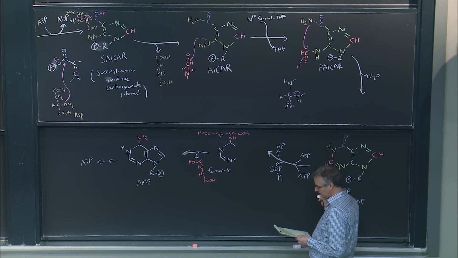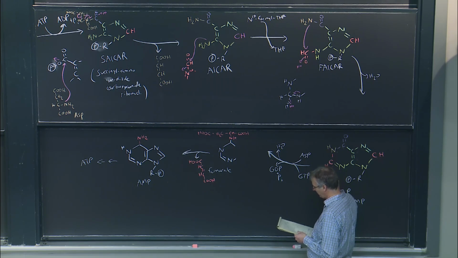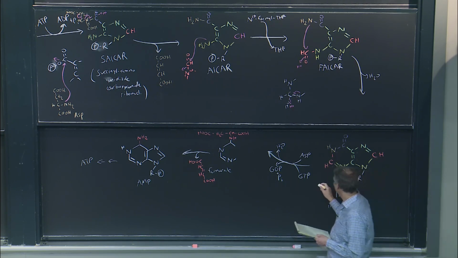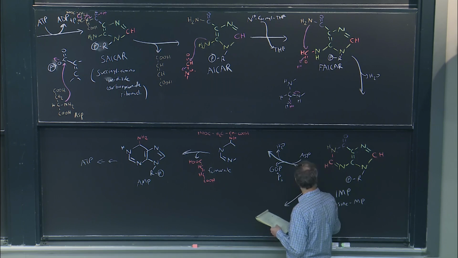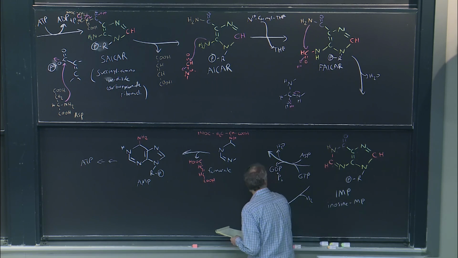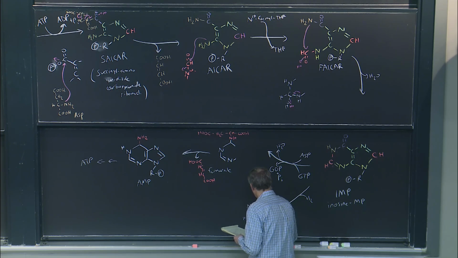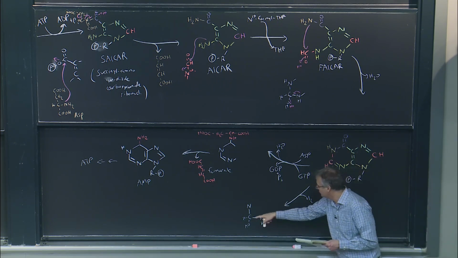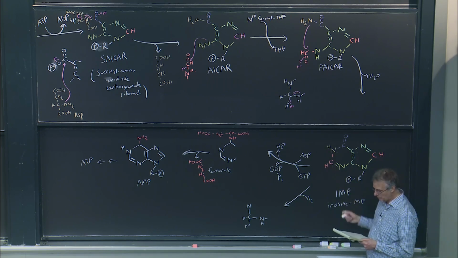To generate guanine nucleotides, what has to happen is that we need to put a nitrogen here, okay? So putting a nitrogen on this carbon, the first thing that happens is we add water across that double bond, okay? So that's this part here of the molecule, added water across that double bond.